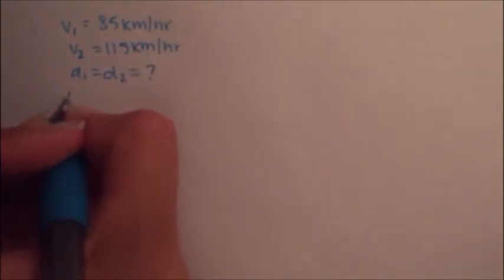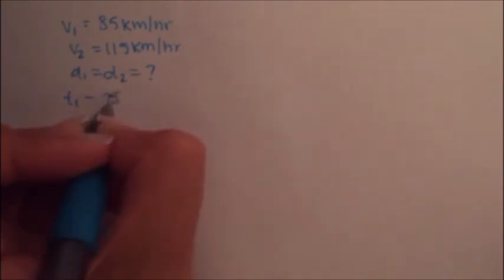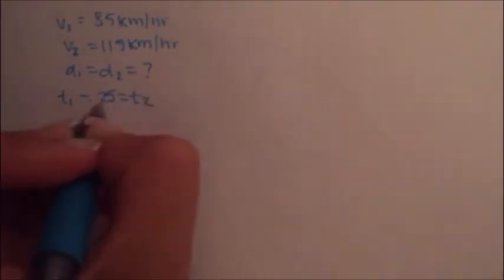And this one, our distances, which are unknown, are equal though, and then we know that time 1 minus 0.25 is going to give us time 2. The reason why we use 0.25 is because it says 15 minutes, and because our question gives it in hours, we have to convert this to hours. And because velocity 1 is slower, this time is going to naturally be bigger. So that's why it's minus, to get that.